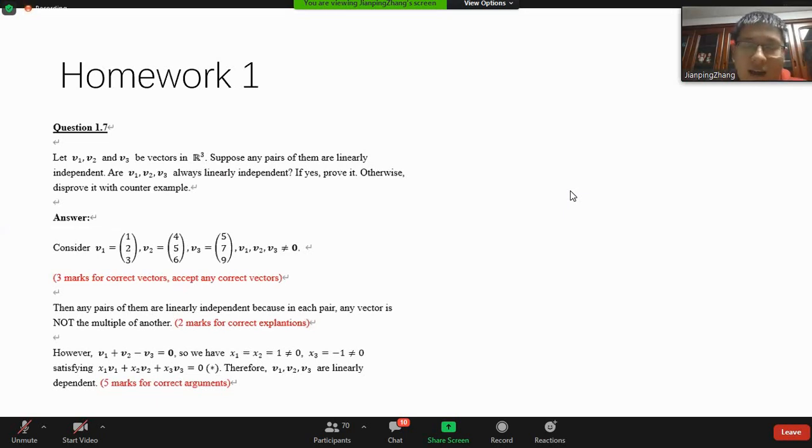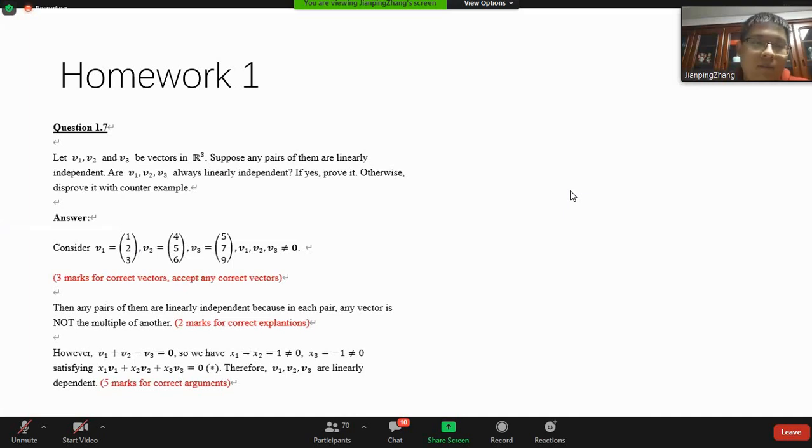And I can take an easy example. Suppose that for the three-dimensional space x, y, z, V1 and V2 are on the xy plane. Like V1 is equal to (1, 0, 0), and V2 is (0, 1, 0). And we let V3 lie on the xy plane, like we treat V3 to be (1, 1, 0), right?